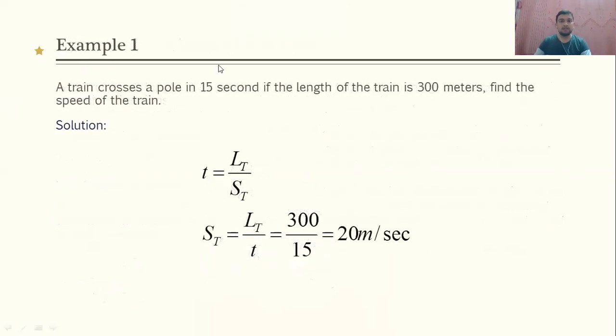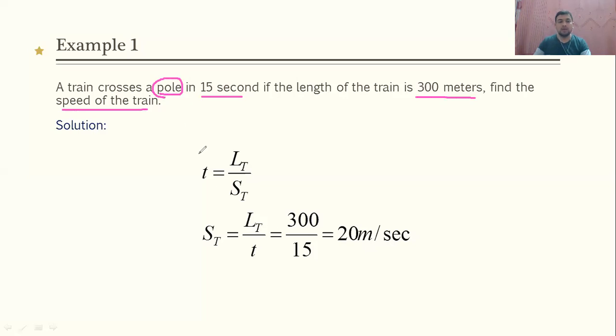Let us see example number 1. A train crosses a pole in 15 seconds. If the length of the train is 300 meter, calculate its speed. A train crosses a pole. A pole is a stationary object, so no question of speed, no question of length of the object.